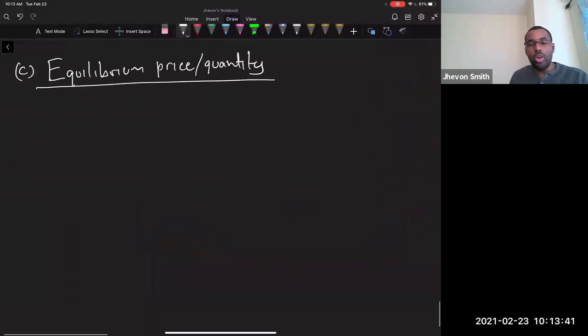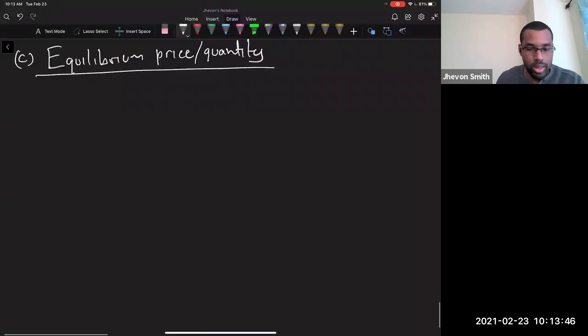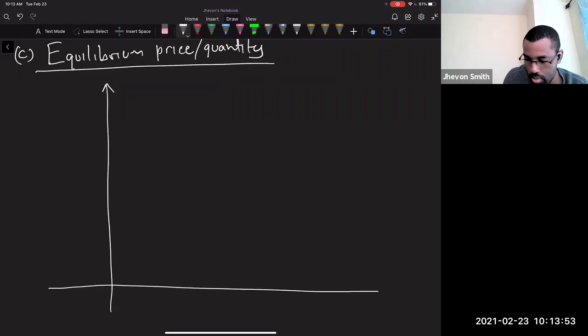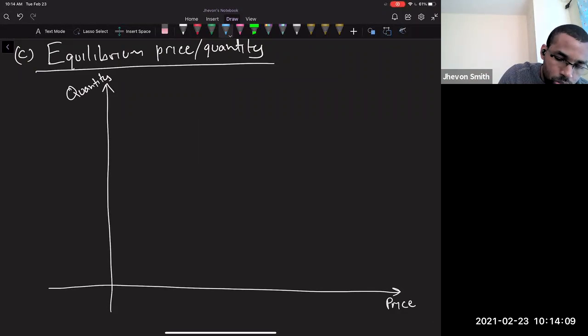So this is getting at the notion of what's called market equilibrium, right? So for you to kind of see an idea of what I'm talking about, let's say here we have price along the horizontal and we have quantity along the vertical. We have supply or demand.